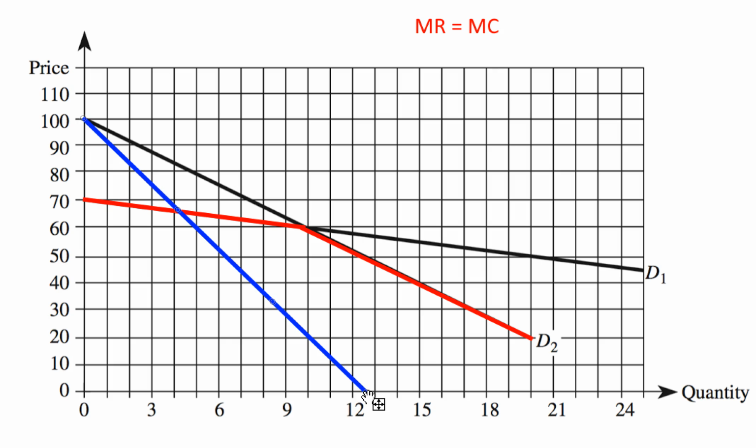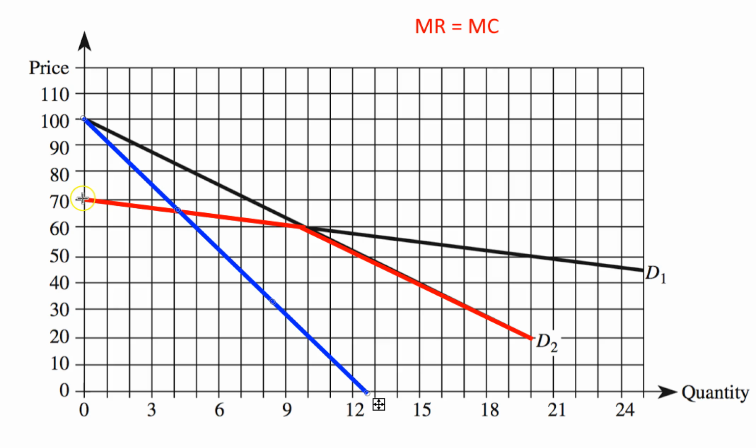It's twice as steep. Well, now let's draw the marginal revenue curve for D1. You could see if you start at 70, it crosses here at 10. So if we start at 70 and we cross at 5, we'll have the other curve.